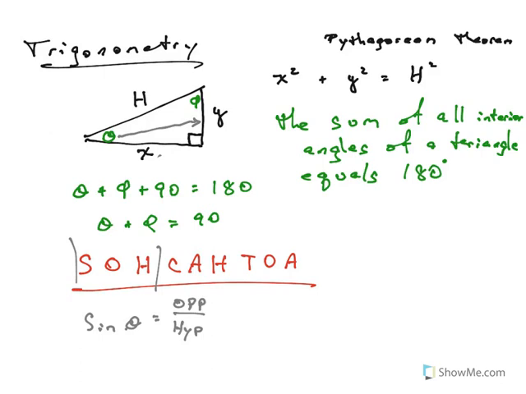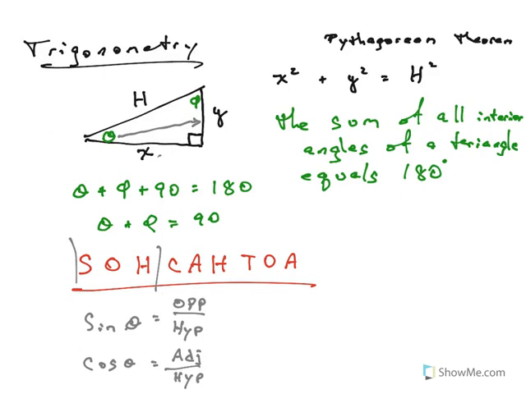The next part, the ka, says cosine of the angle theta is the adjacent side over the hypotenuse. So very similar relationship, except now, instead of the opposite side, we're looking at the adjacent side. And adjacent, again, means next to, the one right next to it.